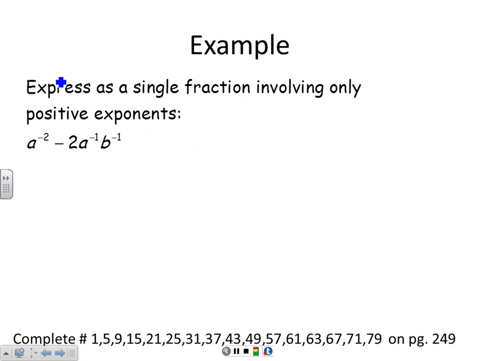So let's try that again. Again, we have 2 different terms, and I see negative exponents, which means I have 2 different fractions. So to rewrite this, we're going to have 1 over a squared minus 2 over ab. Again, the 2 has an exponent of 1, so leave it alone. So the common denominator is going to be a squared b.